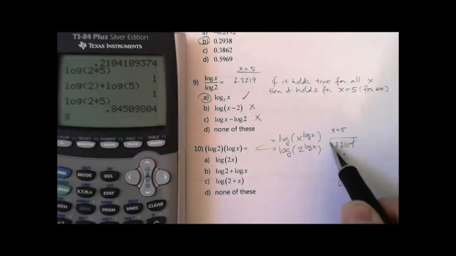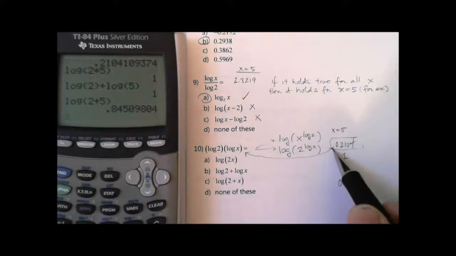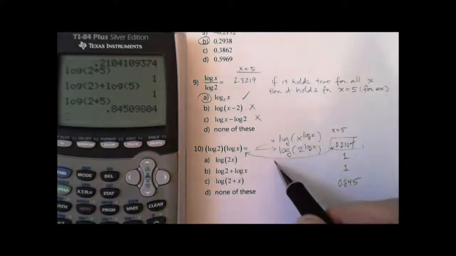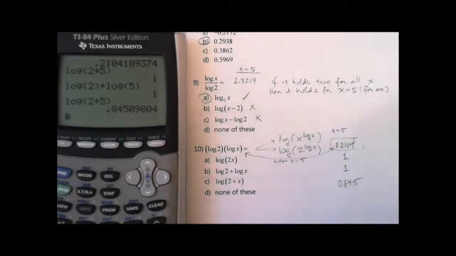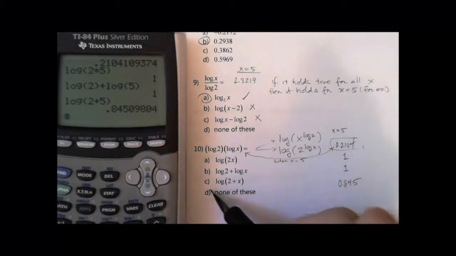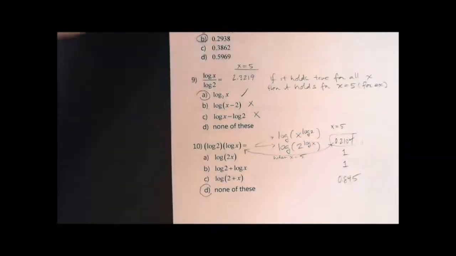So this is the value of our given expression when x is 5. Well, when x is 5, the value of A is 1. When x is 5, the value of B is 1. And when x is 5, the value of C is 0.845. And I pretty much have to conclude that it can't be those, so it has to be D, which is in fact correct. Interesting technique.